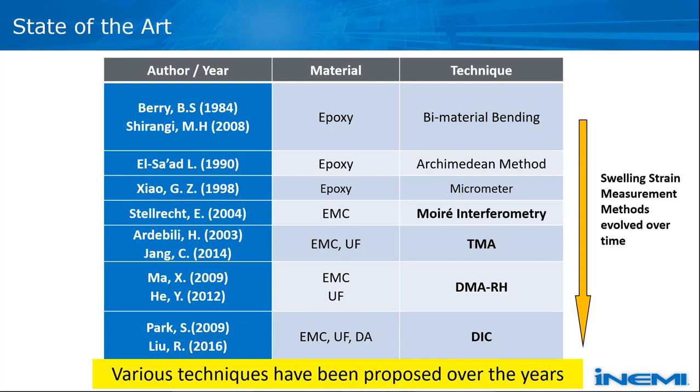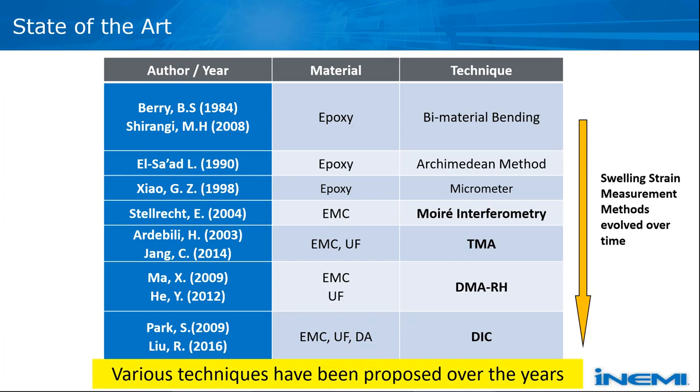The pioneers started in the 80s using bimetallic material bending, where one of the materials would swell and one would not, and they'd be measuring the bending curvature to determine the swelling strain. So you can imagine this may not be sensitive for lower levels of strain, and also there is a need to understand the modulus change with moisture.